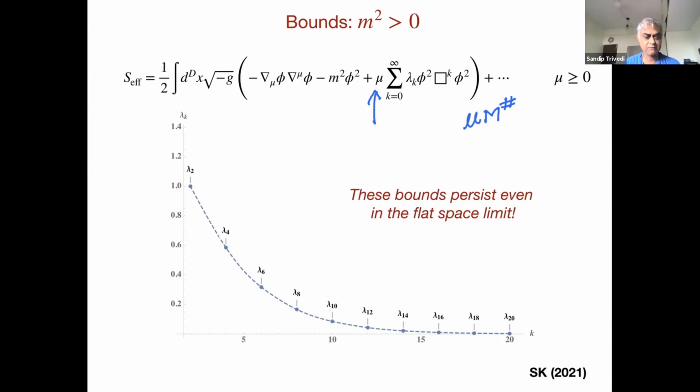Sure. That's why I initially mentioned that roughly the analogy is that mu is like the string coupling. That's the motivation. If one wants to study something like gravity four-point amplitudes, this kind of structure is already there.